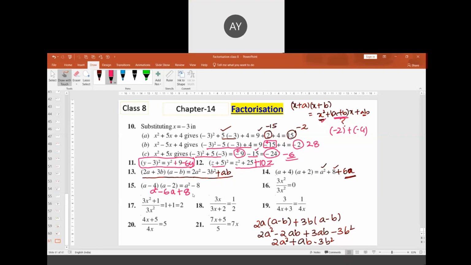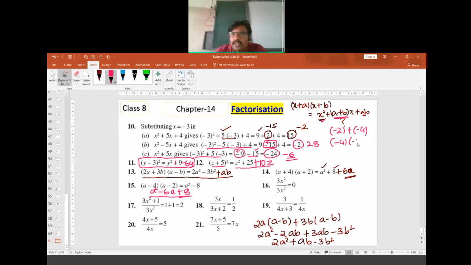Correct, sir. Very good. It has to be plus 8 here and minus 6a term. Not 8a, it's only 8. Minus 4 multiplied by minus 2 is positive 8. This one into a gives minus 6a. Is that clear? Yes, sir.